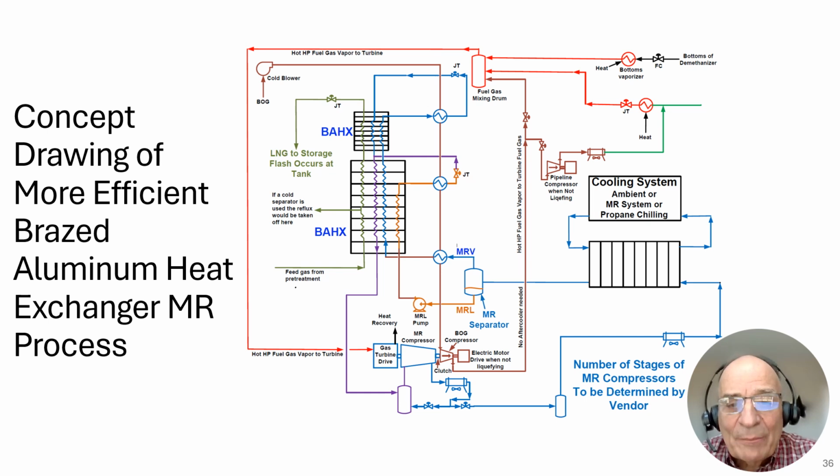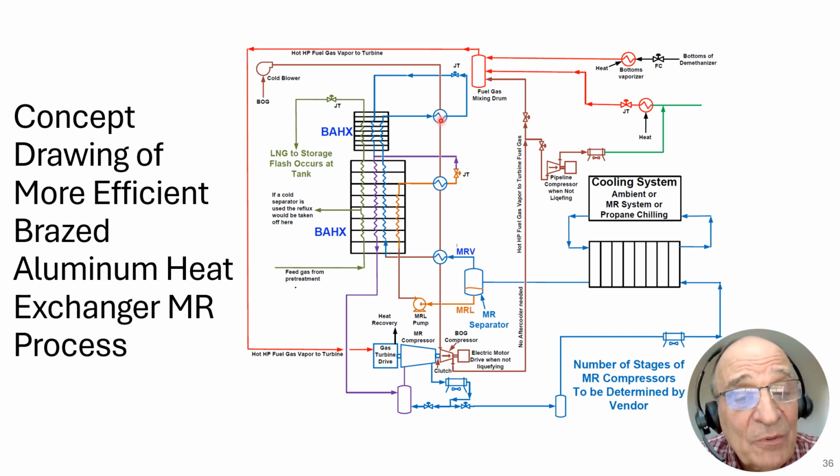What else do I see happening here? I see these other heat exchangers. What are these? Well, we have cold boil-off gas that comes out of the tank or comes out of your nitrogen rejection unit if there is one, and that can be used to further cool down your MRV if it comes off a nitrogen rejection unit.